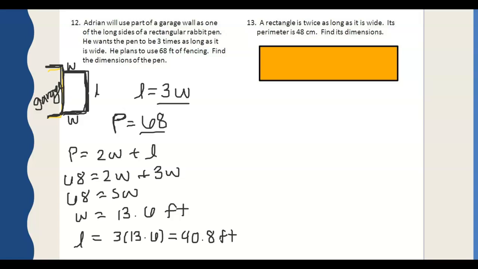And you could check and take 40.8 plus 13.6 plus 13.6, add them together and see that it equals 68. So we've met all of our goals.